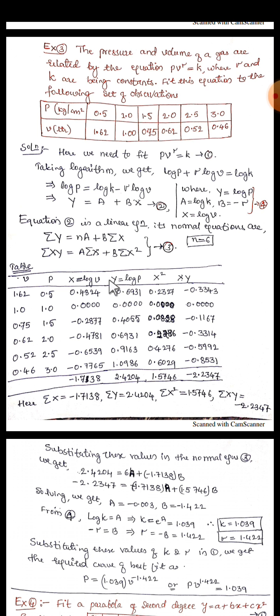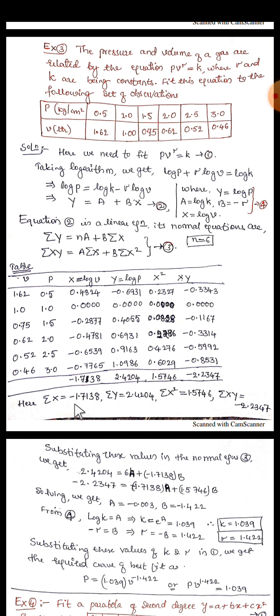Capital X is log V, capital Y is log P, then X squared and X times Y, using corresponding values. Complete this table. Find the column sums only for those columns which appear as summations in the normal equations. So the sums of capital X, capital Y, capital X squared, and capital XY are required.